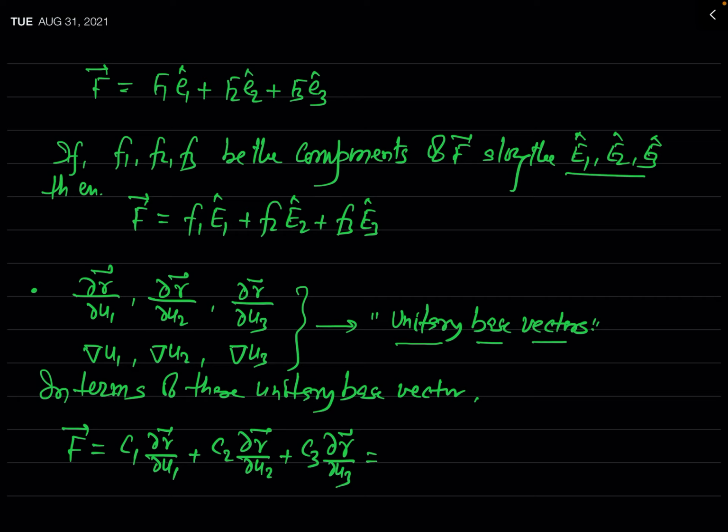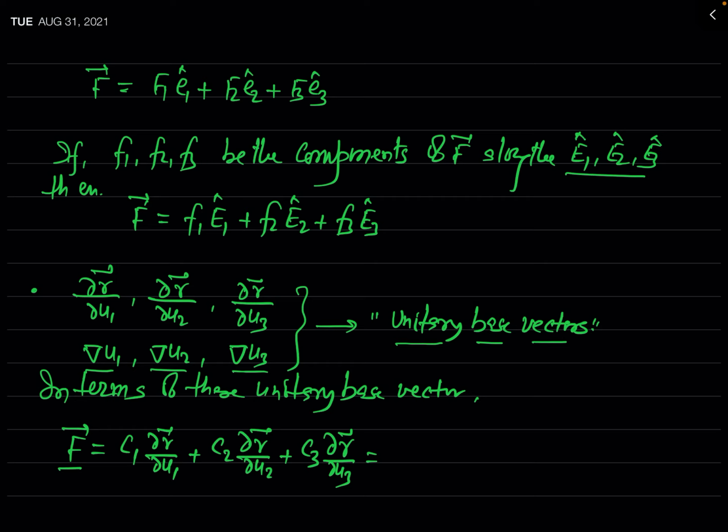And similarly, you can also express this vector f in terms of the unitary base vectors del u1, del u2 and del u3, but the components will be different. Here c1, c2, c3 are the components of vector f in this case, and when we use the other set of unitary base vectors, the components of vector f will change. Let us consider these components are alpha 1, alpha 2 and alpha 3 in this set of unitary base vectors.